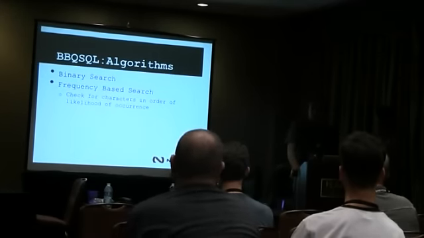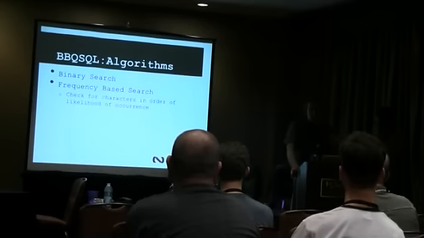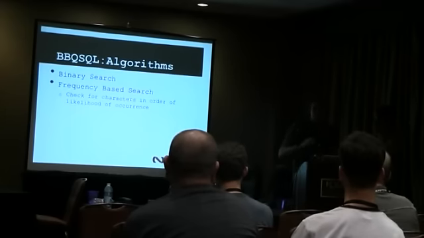But the other thing that we thought would be interesting would be to try a frequency-based search. If there's a lot of structure to the data that you're trying to exfiltrate, you can exploit that structure. For example, in the English language, the letter E is the most common, and you can check for that first rather than doing a binary search. You check in order of the frequency. That's fairly straightforward, but you can wind up with a bit of a performance boost.